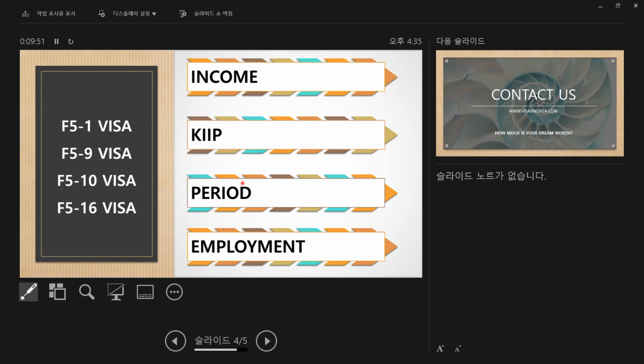So what is the period? Usually there are 2 types of period, and I can explain that. The first one is the mandatory period when you apply for the Korean visa to the F5, for example the F5-1 general permanent residency visa, right?